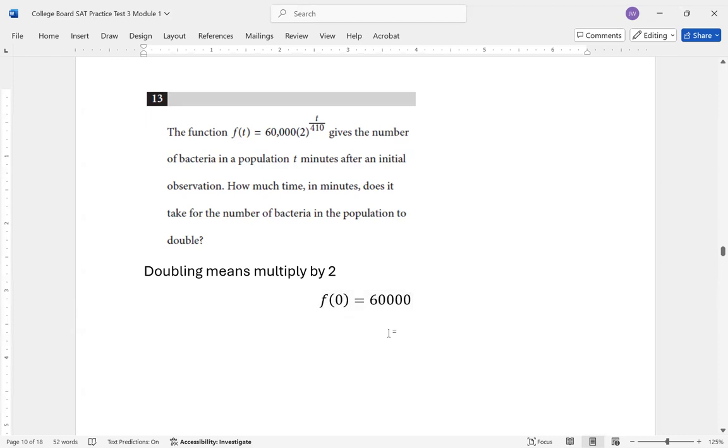Well, it's pretty obvious in this case that since we have 2 raised to this power of t over 410, that's going to be equal to 2 when t over 410 is equal to 1.